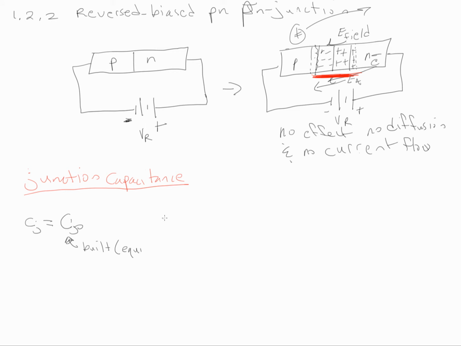So back to this junction capacitance, Cj, that's how we name it. And then we have the built-in junction capacitance, the equilibrium value when there's no voltage applied, and we call that Cjo.